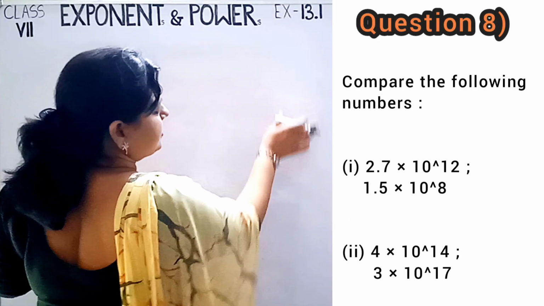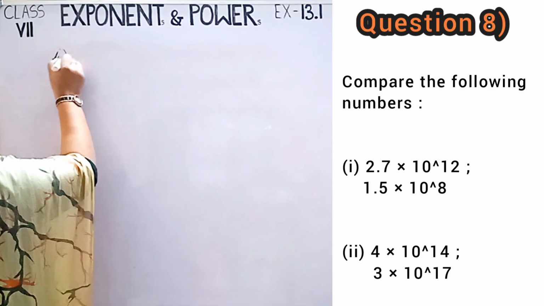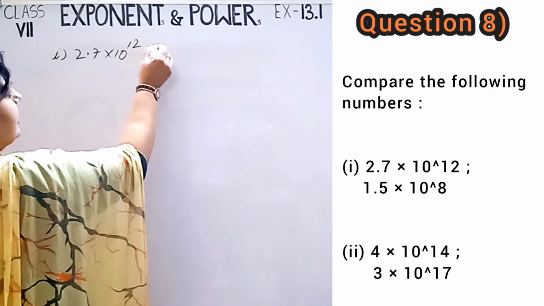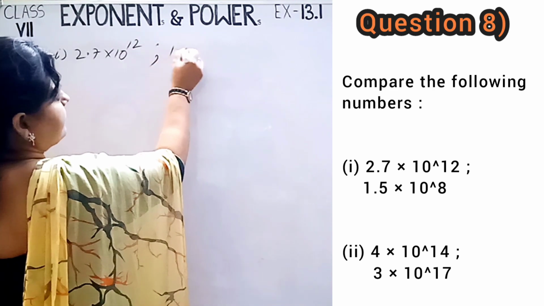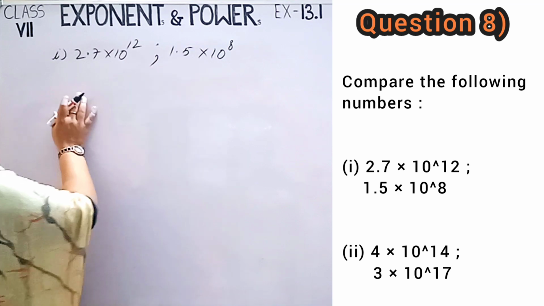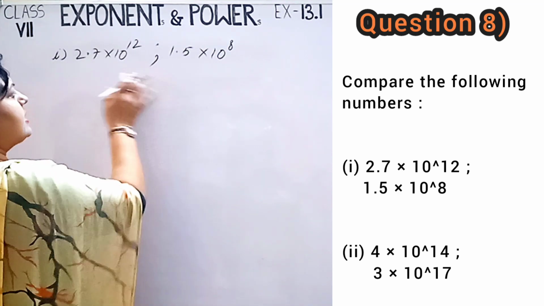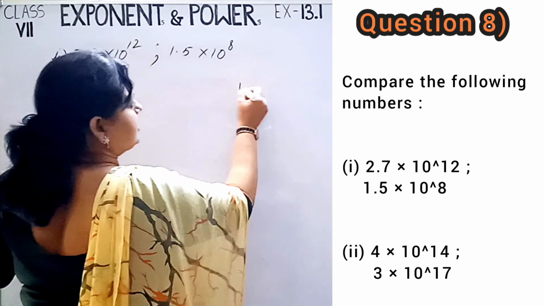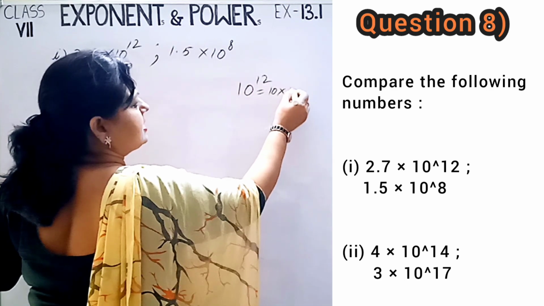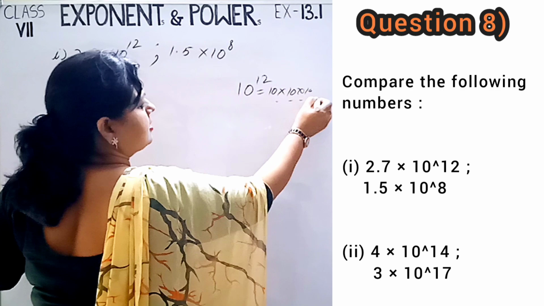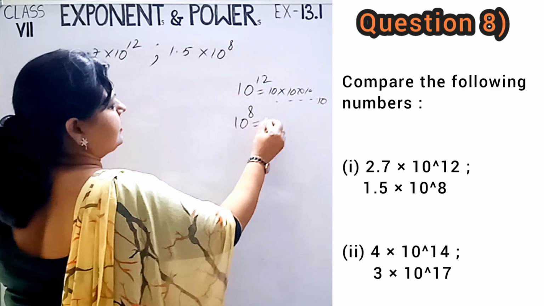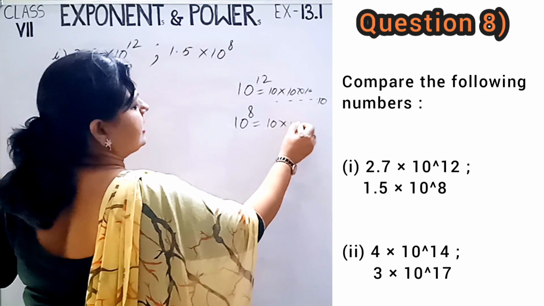Question number 8, compare the following numbers. The first part is 2.7 into 10 raised to the power of 12 and the second number is 1.5 into 10 raised to the power of 8. So before doing this question, we have to understand the concept of number of zeros. Here 10 raised to the power of 12 means 10 will be multiplied 12 times and here 10 raised to the power of 8, 10 will be multiplied 8 times only.